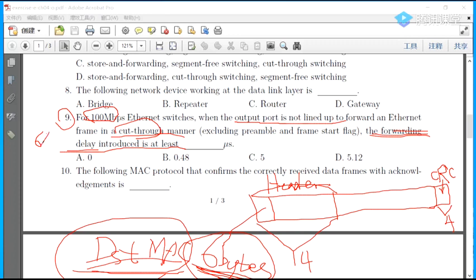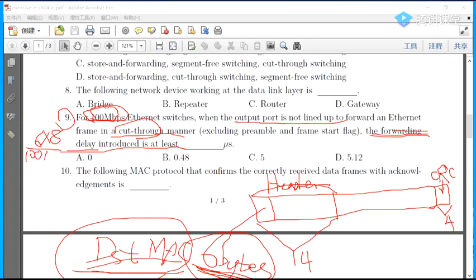6 bytes, how many bits? 1 byte is 8 bits, so 6 times 8 is 48 bits. Then the rate is 100 mega, right?